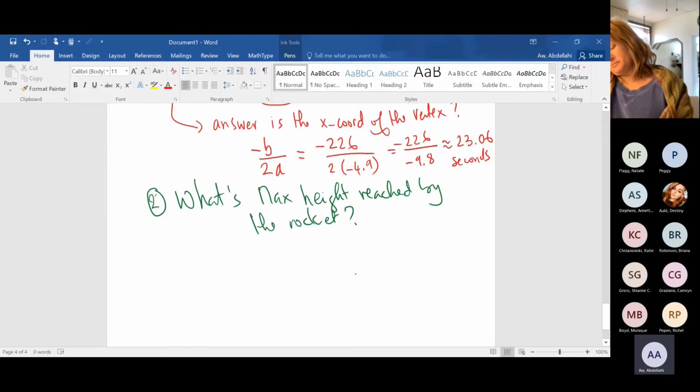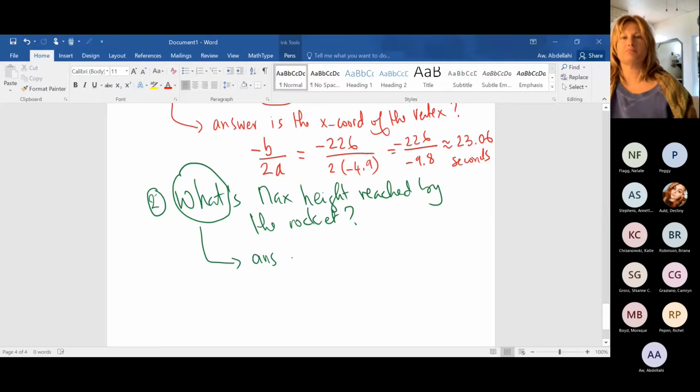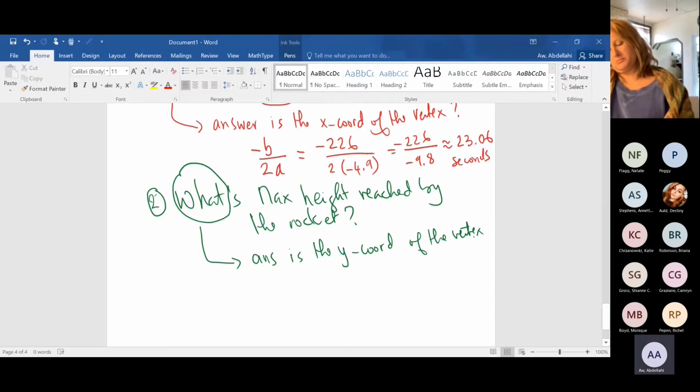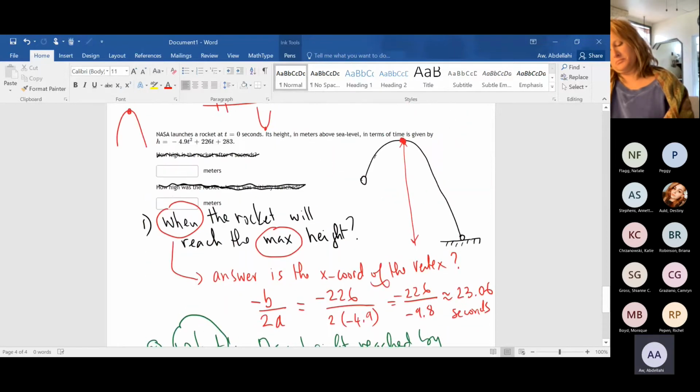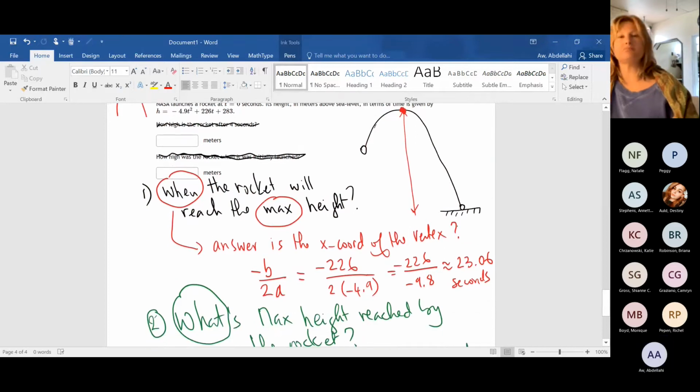Because we are asking what the maximum value is, the answer will be the k of the vertex, the y coordinate of the vertex. And how do we get that second coordinate? What do we do?